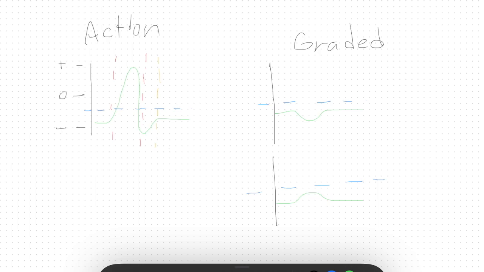Graded potentials are local events that occur in the dendrite and the cell body of a neuron. They don't send signals over long distances, and they lose their strength as they travel along the neuron. Whereas action potentials send a signal along the entire neuron, like we talked about before.